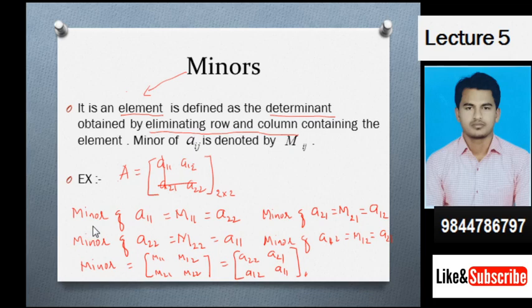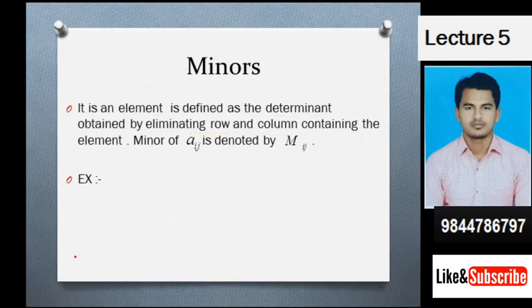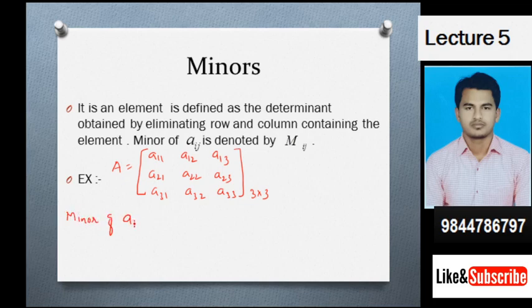What should we do in the case of 3 cross 3? In a 3 cross 3 matrix, you have to calculate the minor. This is the 3 cross 3 matrix. The question is: find the minor of A11. Symbolically it is represented as capital M11.